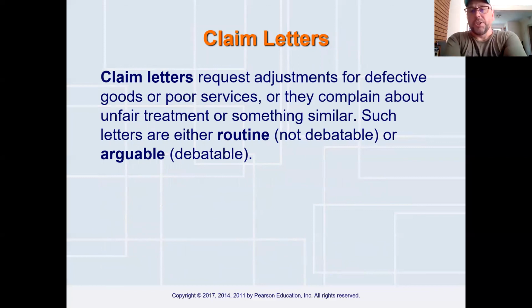Claim letters request adjustments for defective goods or poor services. Some of you in engineering are definitely going to be dealing with this. They also complain about unfair treatment or something similar. Such letters are either routine, not debatable, or arguable, debatable. By debatable, I mean a process that someone may find more efficient may not be so efficient to someone else.